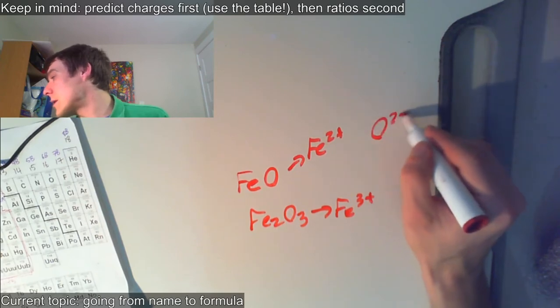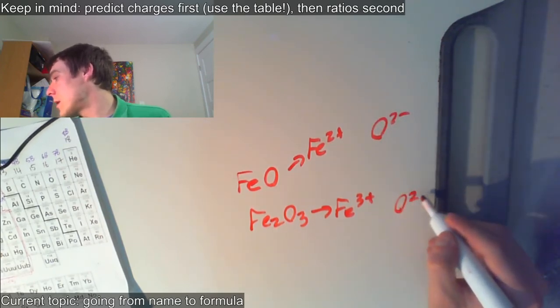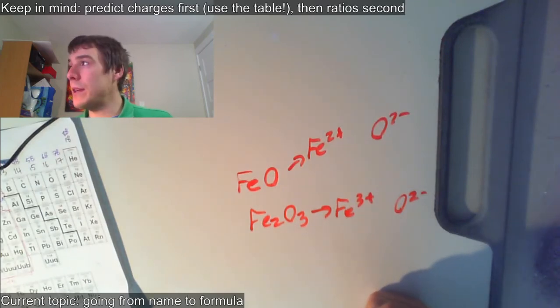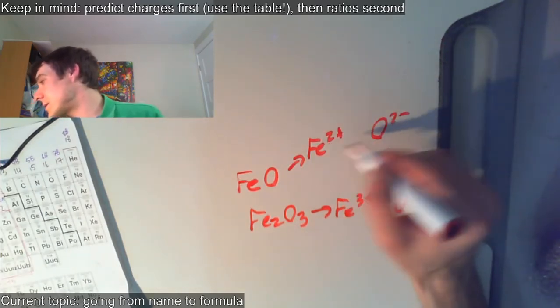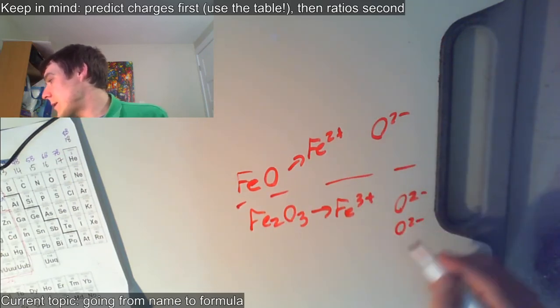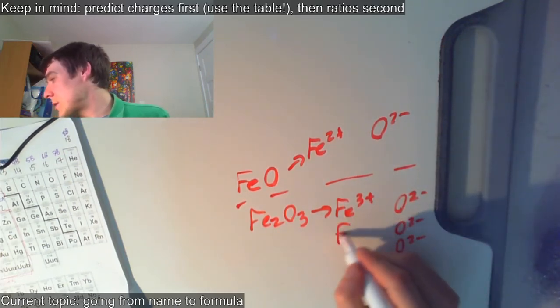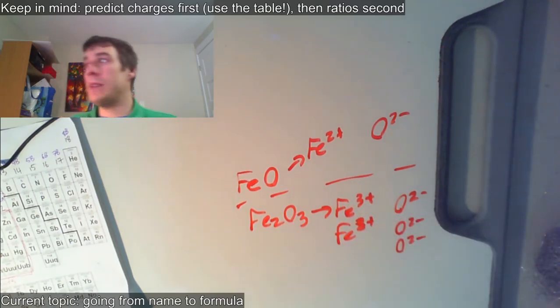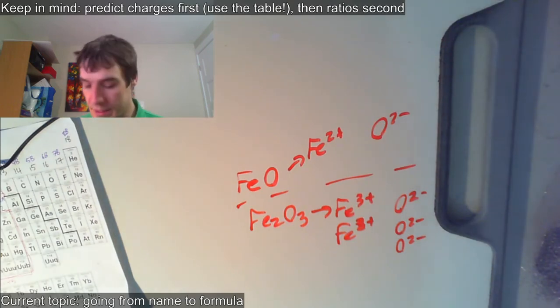Now the oxygen is not going to change, it always makes a 2 minus, but this is just 1 to 1, whereas this one we need 3 of these to match our 2 of these. It's a slightly more complicated compound because there's 2 possibilities for the iron. So this is iron 2 oxide and this is iron 3 oxide.